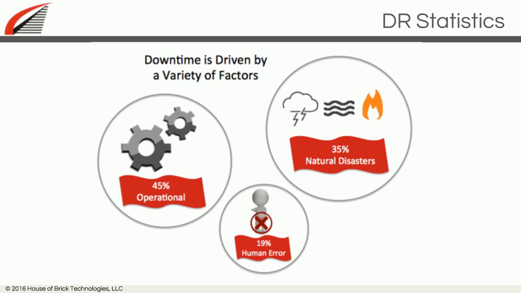Right. I once had a coworker that installed vSphere on the LUN where the VMs lived instead of on the local disk. Kind of wiped out 20 VMs. Well, that's human error, which we can touch on next. That's a good lead-in, and that's 19%.